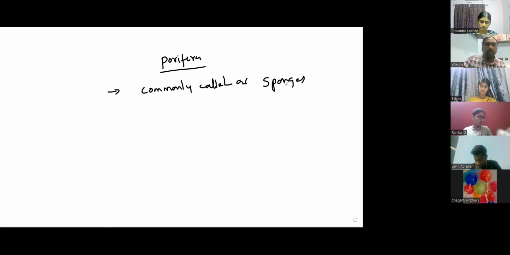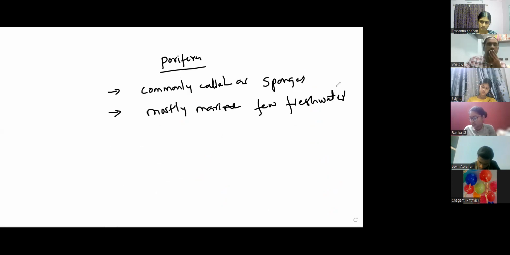Then habit. Mostly marine, few freshwater.